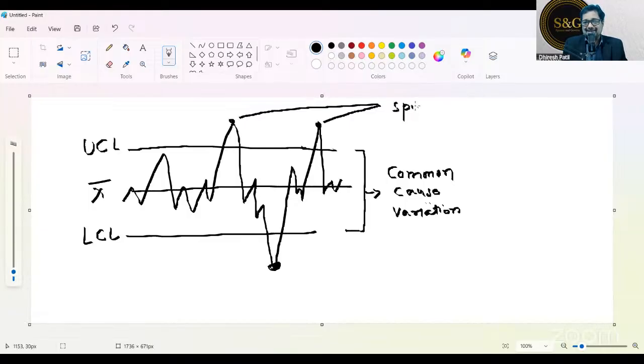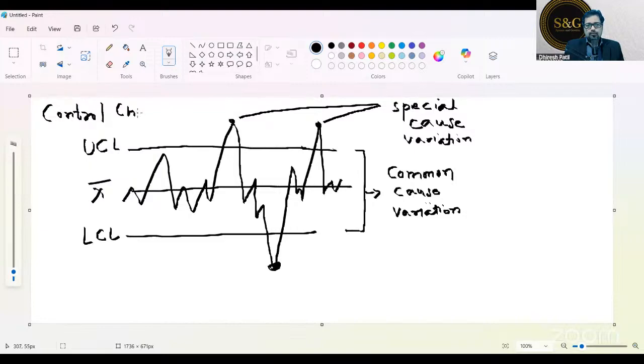Very good, exactly. Make a note of this. Again, I'm drawing a control chart. Any variation within upper and lower control limit is called common cause variation, and any variation which goes beyond control limit is called special cause variation.